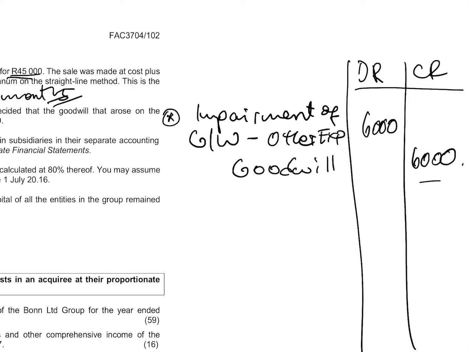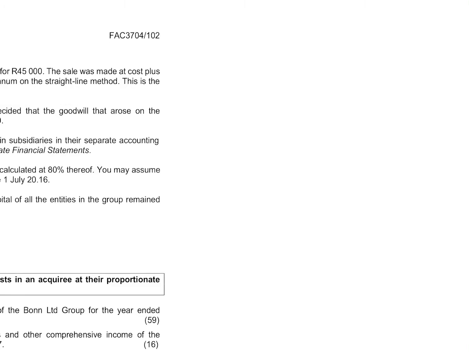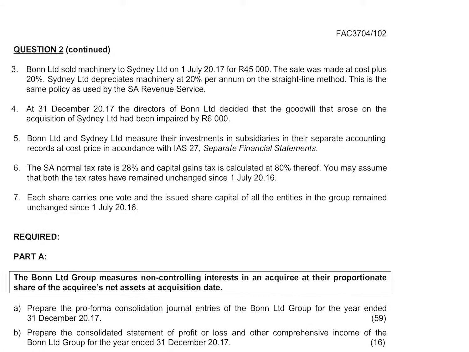Right, so after this now we are done with the free marks. Now what we want to do is to start preparing all our financial statements. We have taken all the free marks. Now we need to look at the calculation of goodwill and the value that we are going to take to the non-controlling interest.